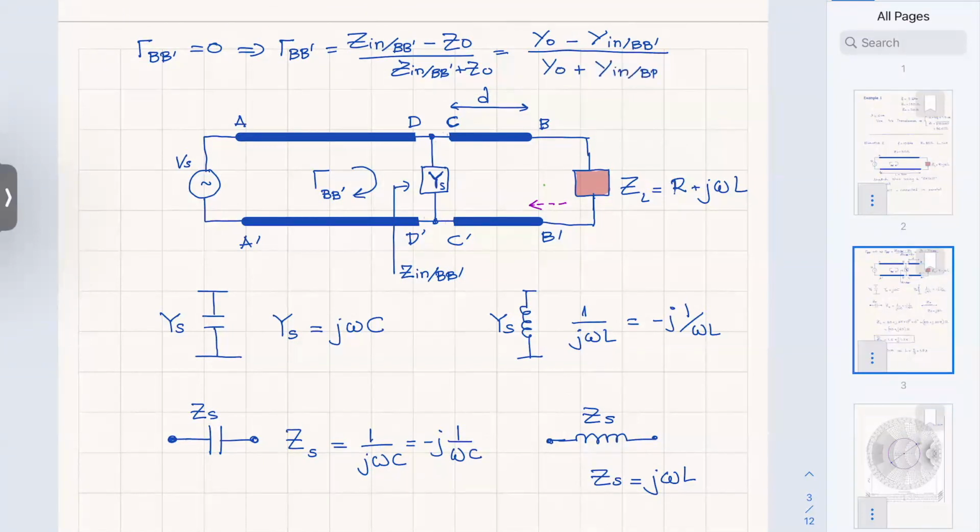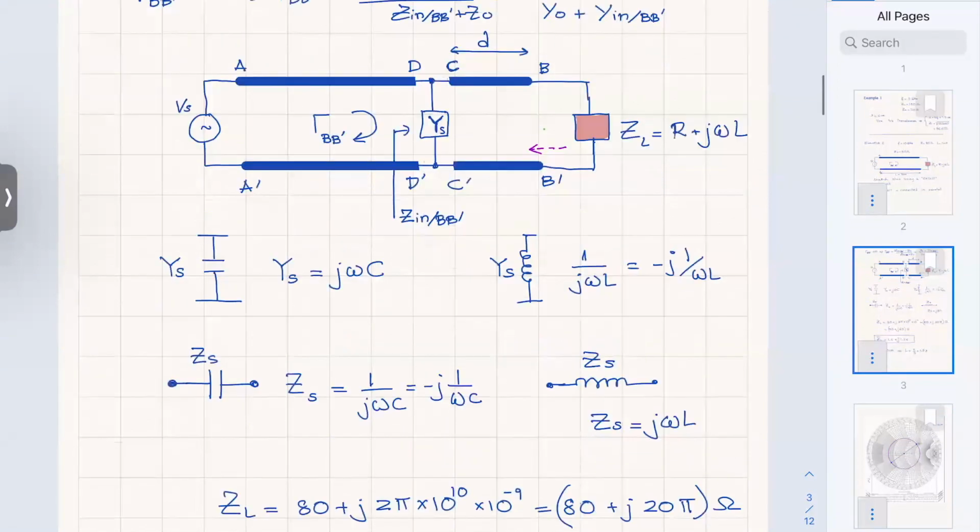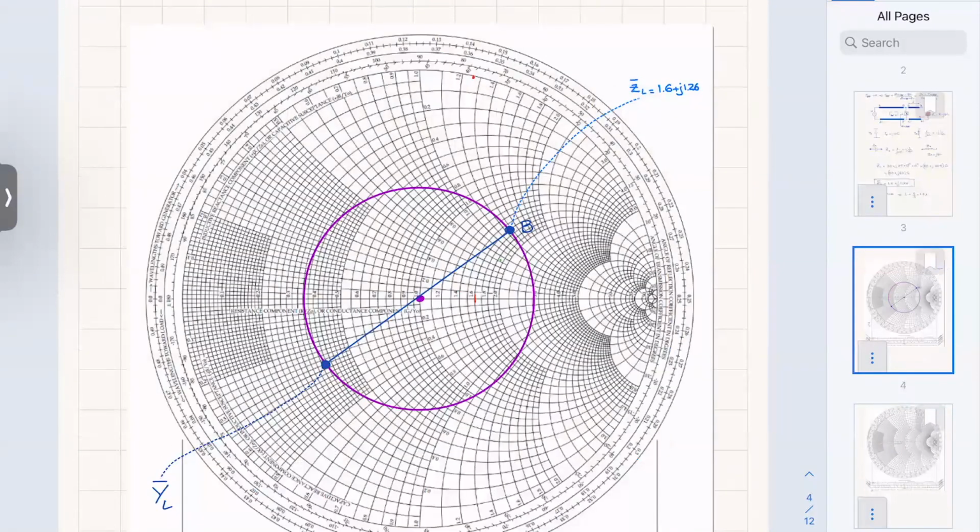So in other words, when you want to make your input impedance equal to Z0, then its admittance is going to become equal to Y0, because both of them are the inverses. So practically, I want to make my admittance here equal to Y0. Real, which means that the normalized one is going to become 1.